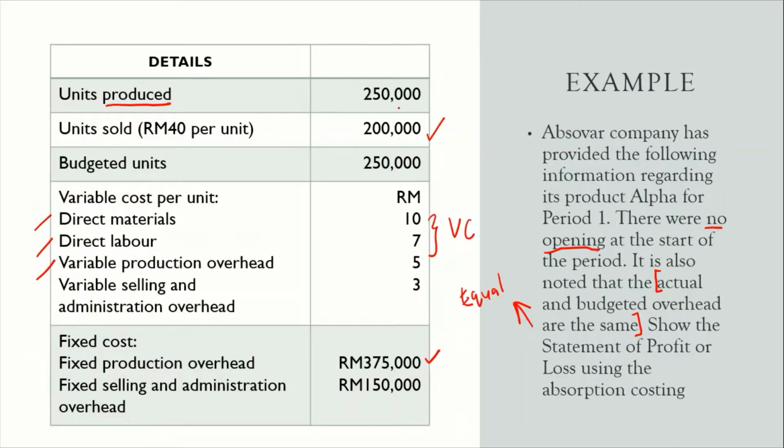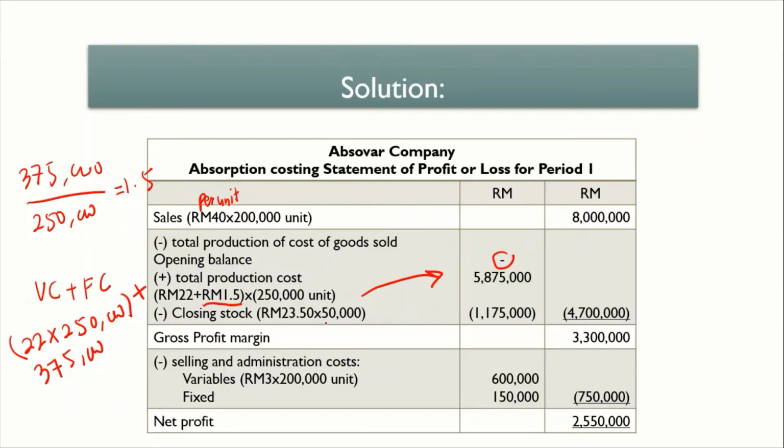You can see that the product produced is 250,000 and the sold are 200,000 only. So the difference between the two is 50,000, which is the closing stock unit. Where do you get 23.5? It is the VC plus FC amount. It is this amount.